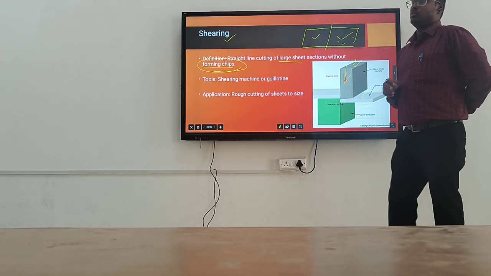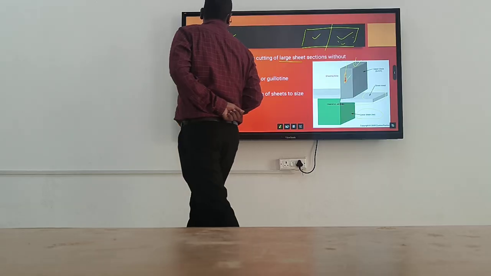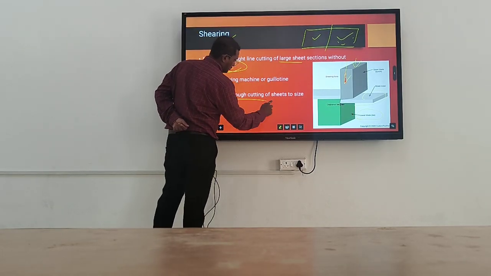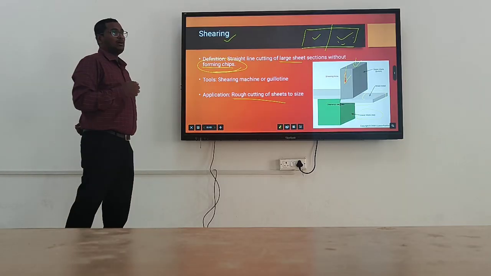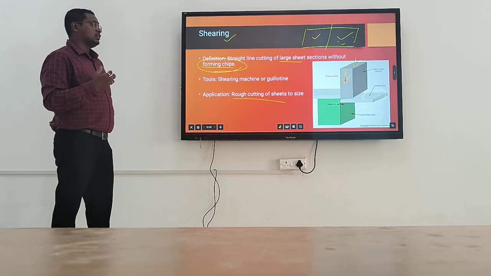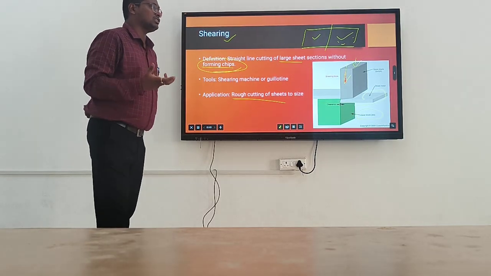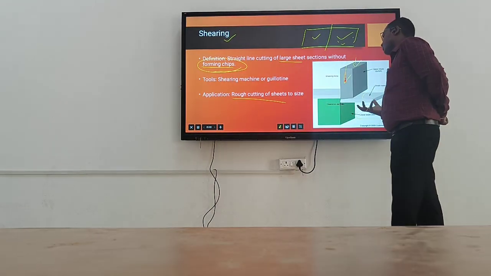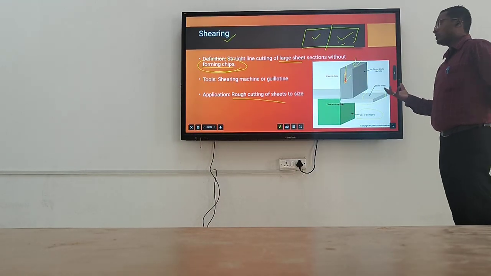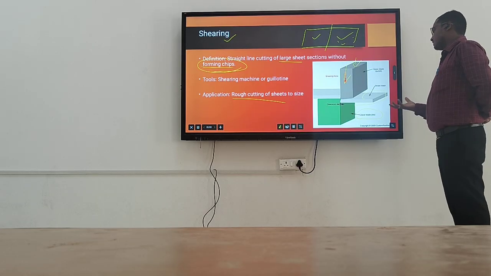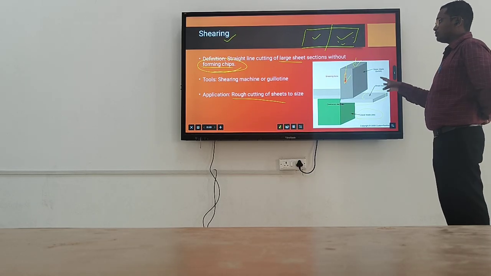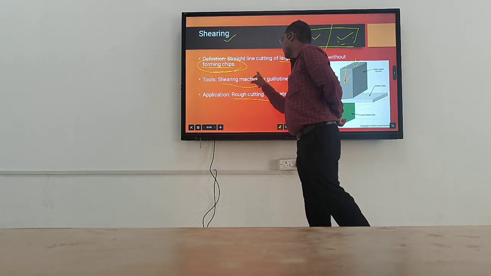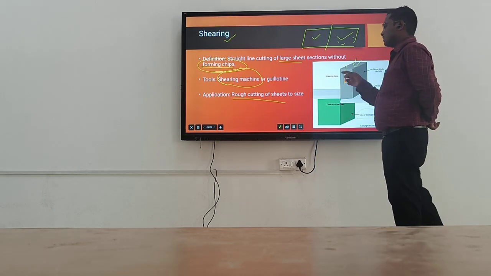According to the product application, we cut the rough sheet metal, the rough sheet we get in production in our plant. We basically do it on a shearing machine. Next.